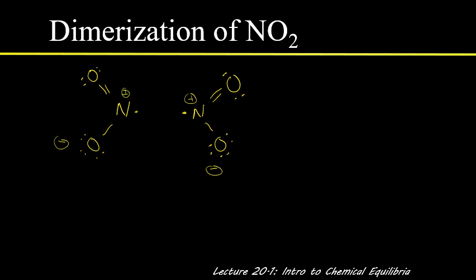Okay. Now, molecules with odd numbers of electrons tend to be unstable, and so it's advantageous for this orbital with a single electron to overlap and interact with this orbital with a single electron, so that if you get two NO2 molecules together, they're going to react to form a bond in between them.